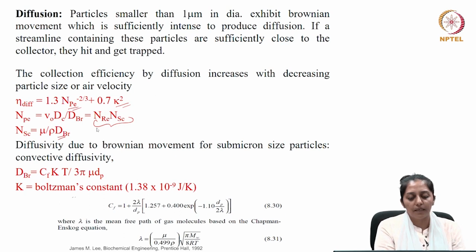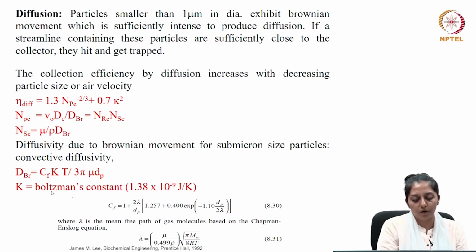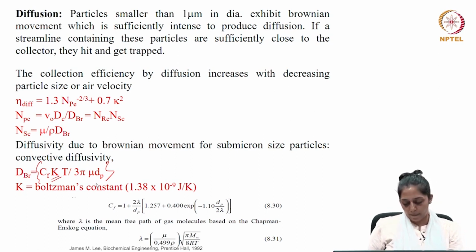The Peclet number in turn is a function of Reynolds number and Schmidt's number. The Schmidt's number is defined by the convective diffusivity due to Brownian movement, which would depend on the diameter of the particle and the Boltzmann constant, where K in the diffusivity function is the Boltzmann constant, Cf is the correction factor, in turn being given by the function shown here.